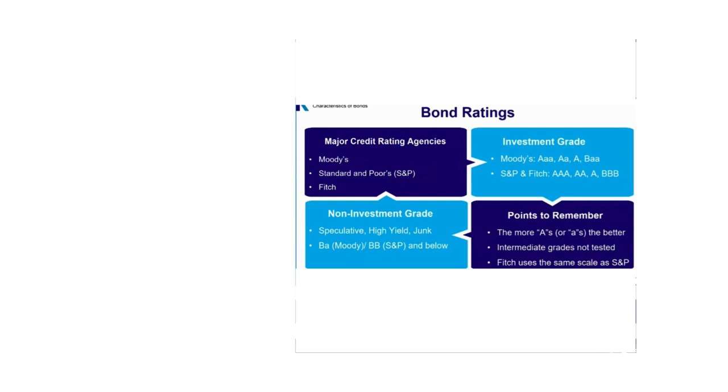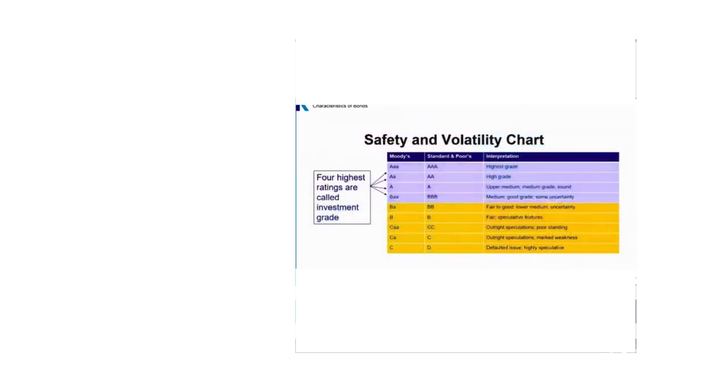The second thing to remember, the more A's, the better. AAA is better than AA is better than single A, and so on. And finally, also remember that investment grade bonds are rated triple B or higher. Anything rated double B and below are non-investment grade or junk bonds.